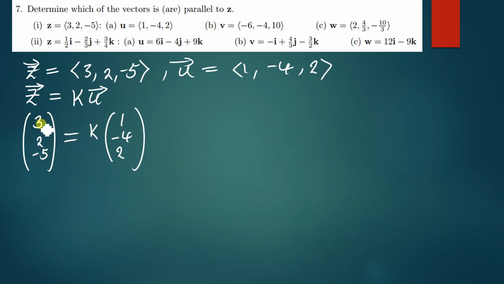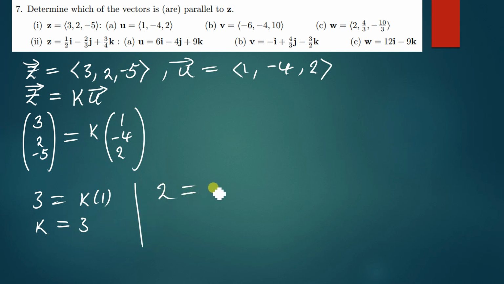If I take the first line there, I'll say 3 is equal to K times 1. So K times 1, that will be K. In the first case, the value of K is equal to 3. In the second case, I'm going to have 2 being equal to K times -4. If I divide by -4 on both sides, the value of K becomes -1/2.